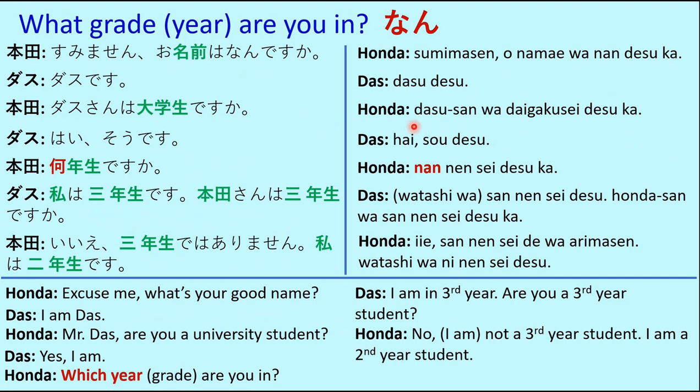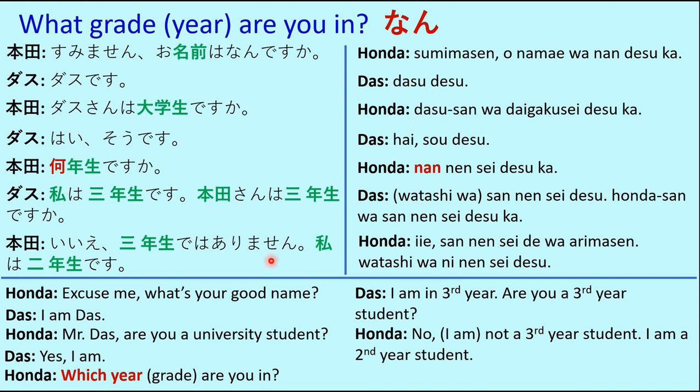As we have mentioned several times, we do not use the word you. In English, we can say, are you a university student? But in Japanese, the word for you is anata, and anata is avoided. That's why they always address the person with the name.